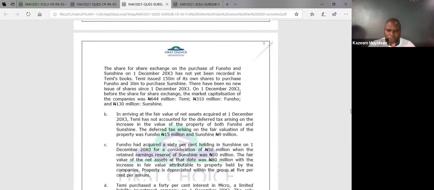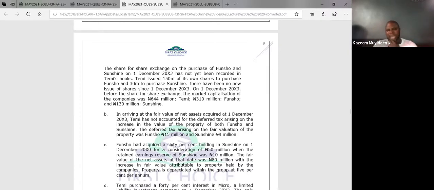With this information, I will now open everything. I will open it and open it wide. How wide I'm going to open it, it depends on you. So I've known that the two of them are subsidiary on 1st December 2003.